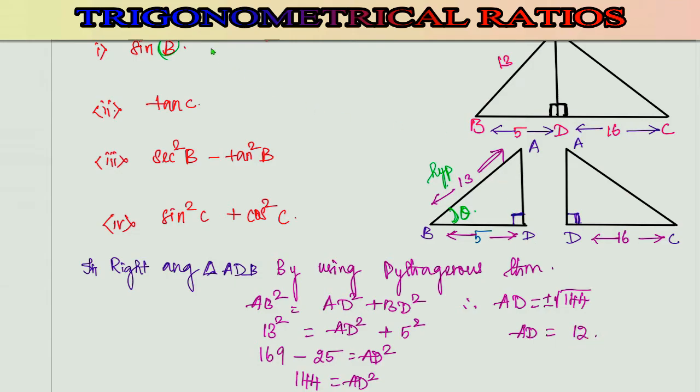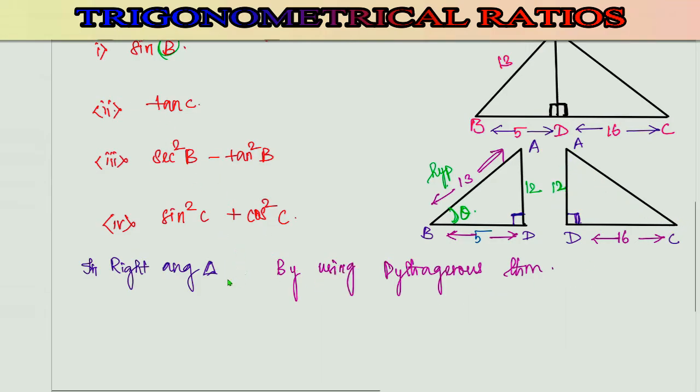So we got the AD value as 12, and if this AD is 12, this is also going to be 12, and easily you can find out the hypotenuse side. Now I am going to consider the right angle triangle ADC.